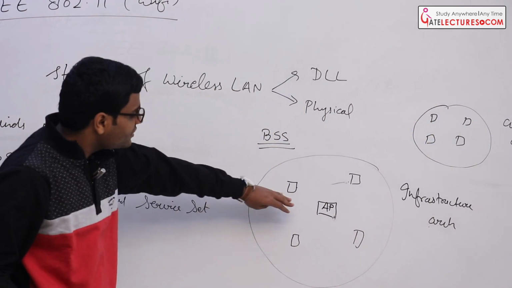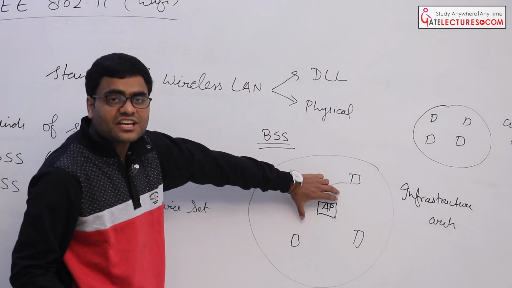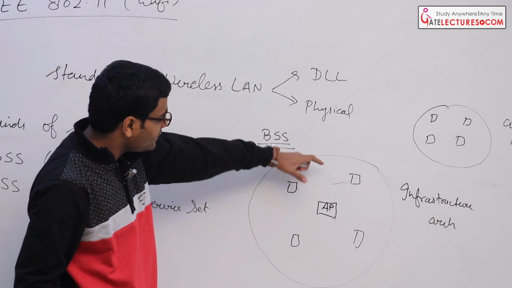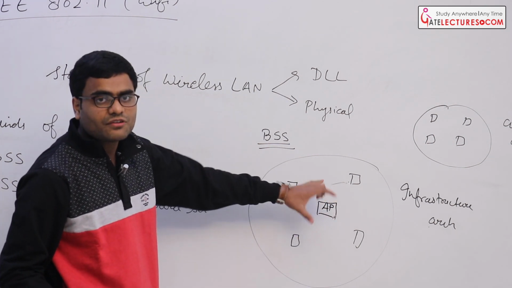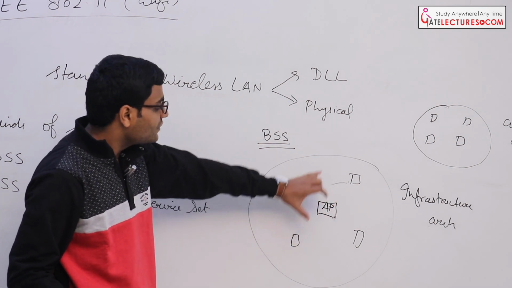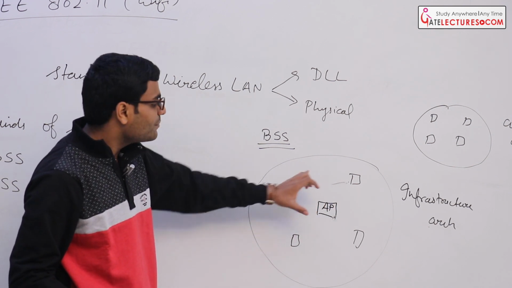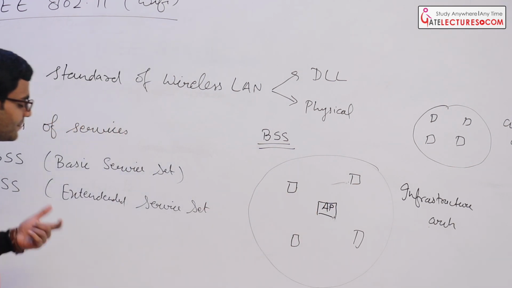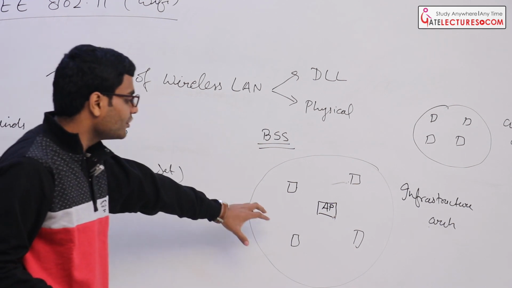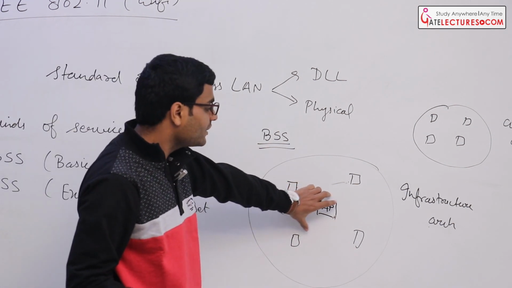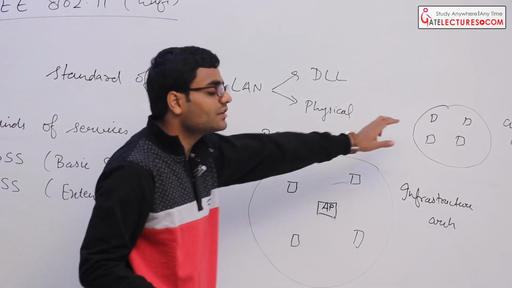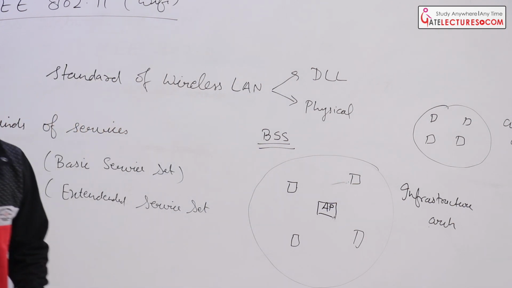Why do we have an access point? If we have a centralized base station, it becomes easy to communicate, because we have a centralized authority which can communicate with these stations. So if we have an access point, it is infrastructure architecture, otherwise it is ad hoc architecture.